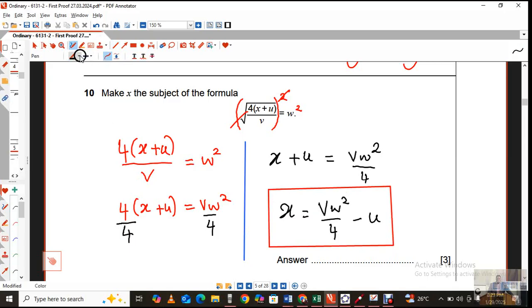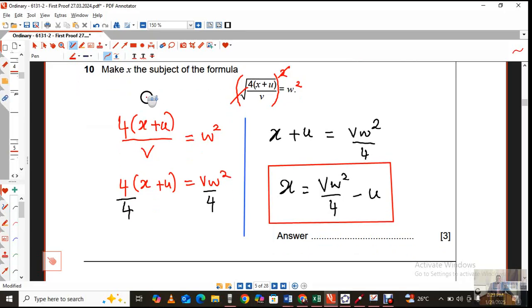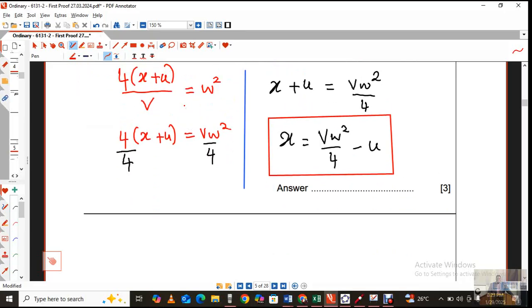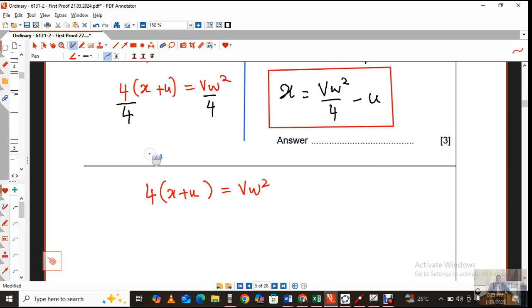However, if a student was to say at this particular junction, let's say he has got 4x plus u equals vw squared, and the person does not divide by 4 like what I did over here, but goes ahead and says, okay, I am going to expand.